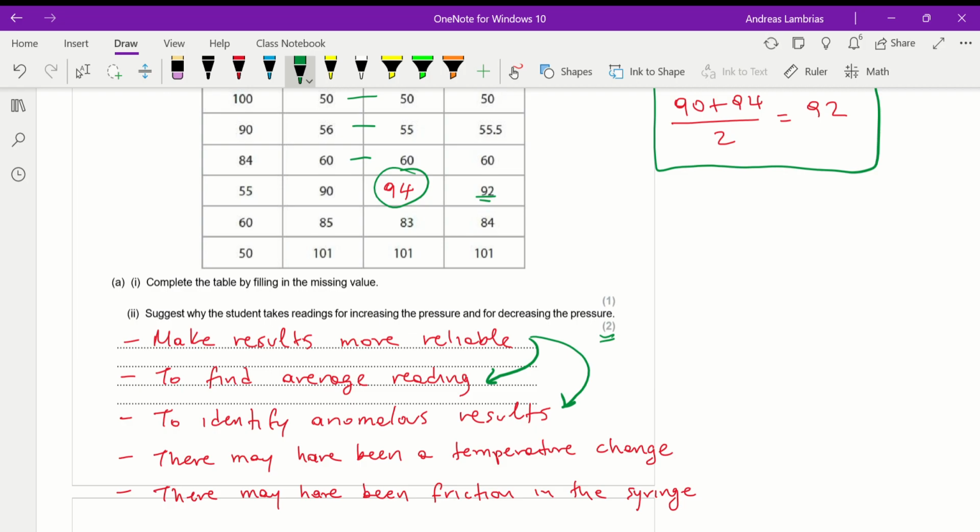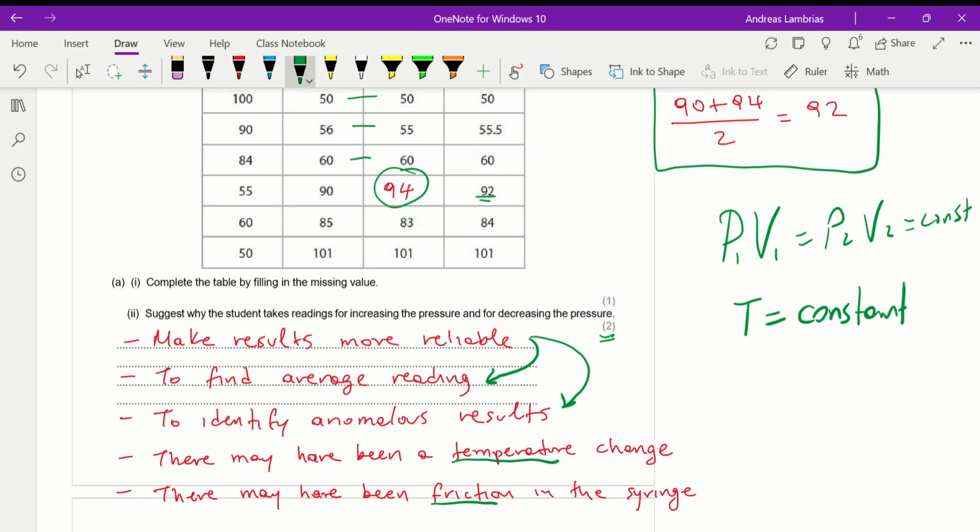And now, the next 2 statements about temperature and friction. Now, this is about changes of pressure and volume. And if you remember, this is Boyle's law, which says pressure 1 times volume 1 equals pressure 2 times volume 2, or any other changes would always be constant. In order for Boyle's law to apply, the temperature has to be constant.